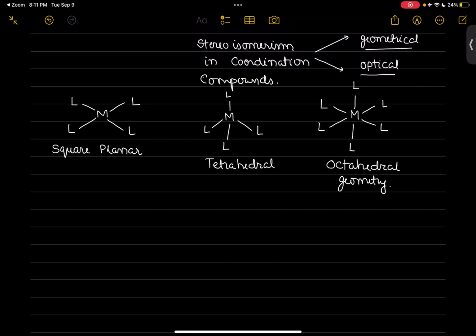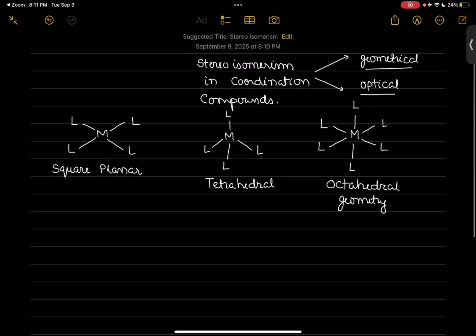If the groups are present on the same side, that isomer is known as cis. But if the same groups are on the opposite side of an atom or a double bond, that is called the trans isomer. So geometrical isomerism is cis and trans isomerism. That is the simplest way, right?